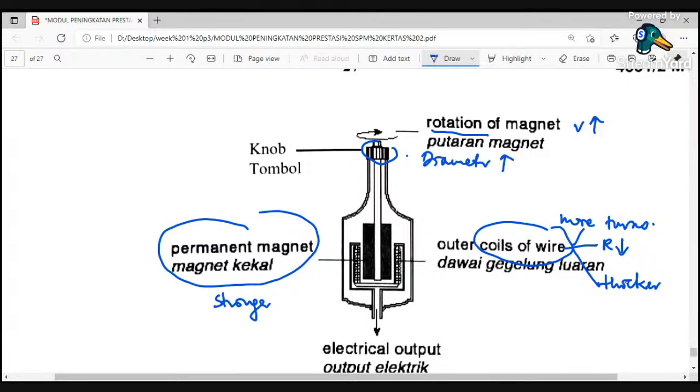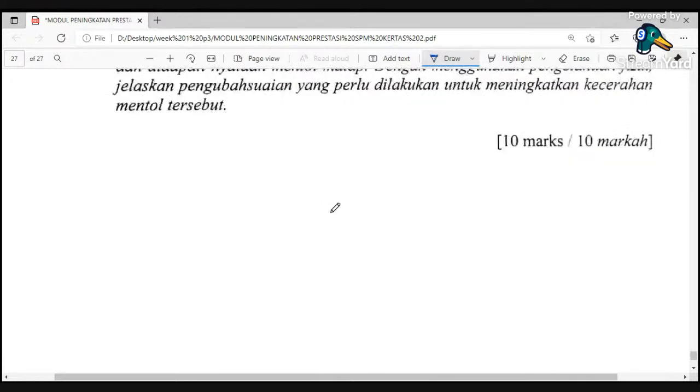Okay, so how many we have already? 1, 2, 3, 4, 5. So we have the 5 modification. The same thing you can write in table form for this question. Tulis dalam table form.